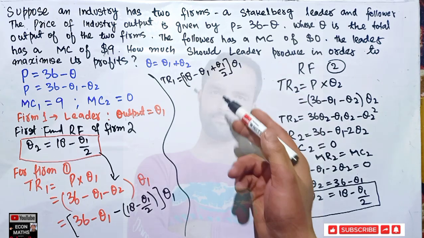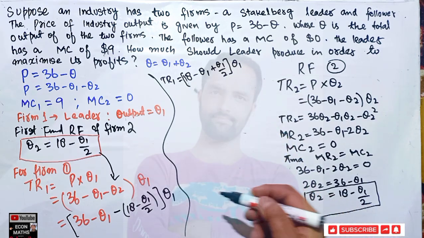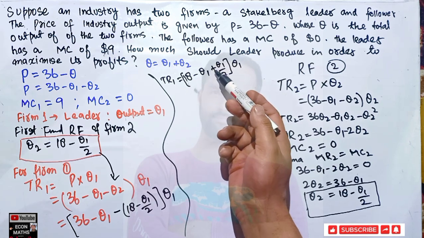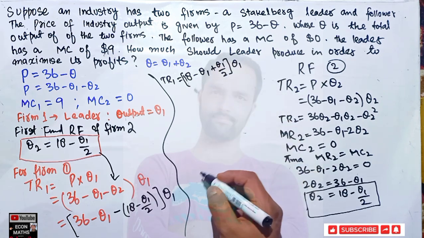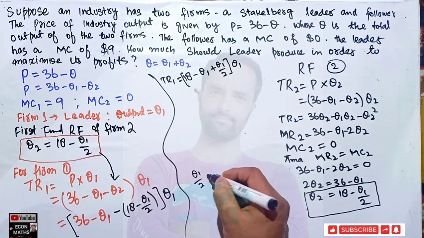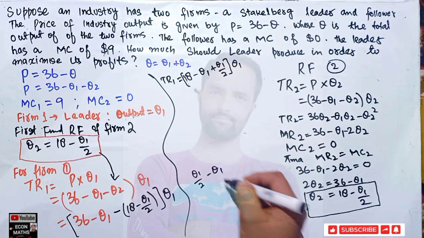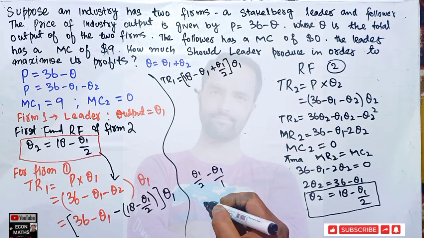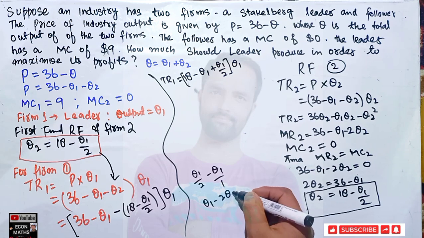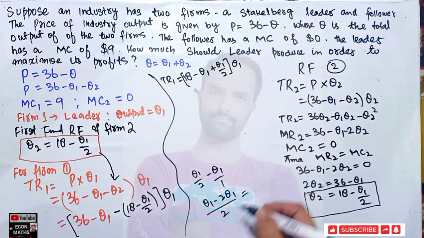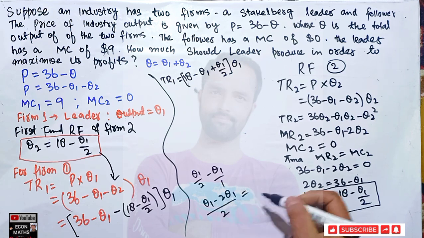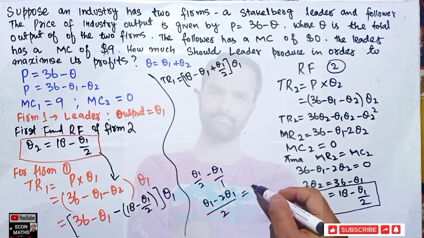Solving this, we have minus Q1 plus Q1 upon 2, actually it is like this, Q1 upon 2 minus Q1. If we cross multiply, this is Q1 minus twice Q1 upon 2, so 1 minus 2 is minus Q1 upon 2.